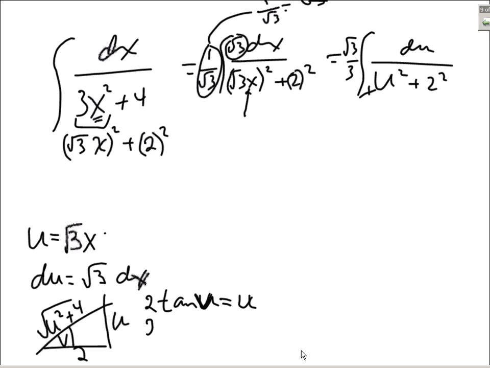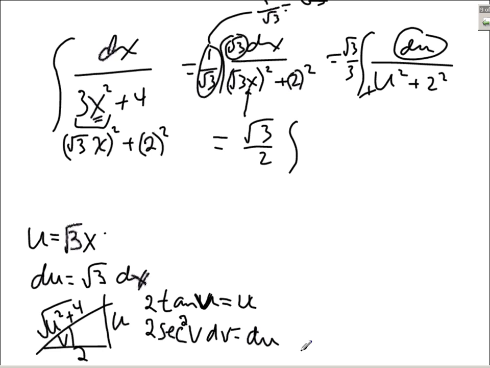So now differentiating, we have 2 secant squared v dv, well that's du. Okay, the square root of 3 over 3 stays.